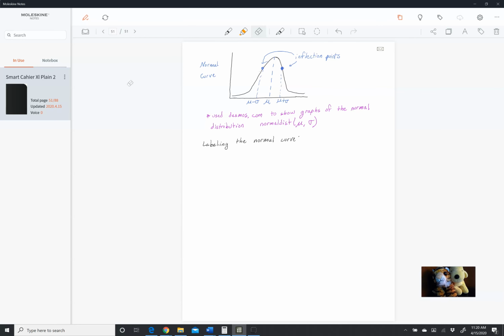So let's talk about the way that we label the normal curve. We can label the normal curve with the actual mean and with our numbers, like we do with the other probability distributions.